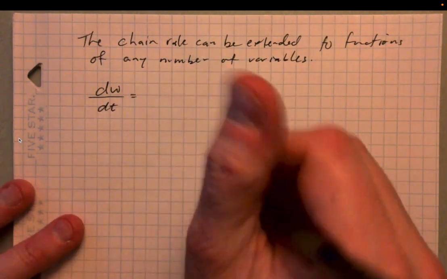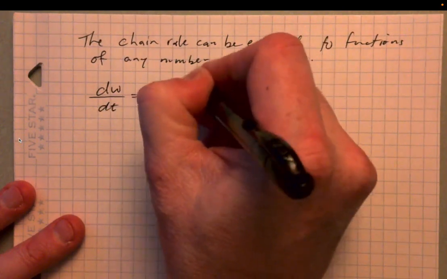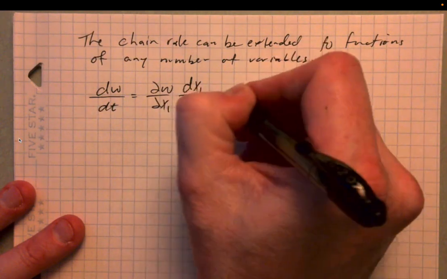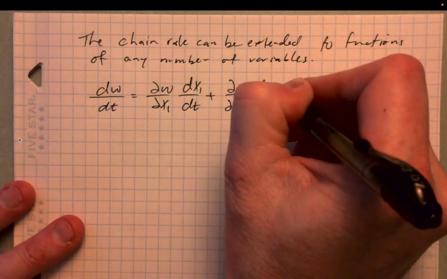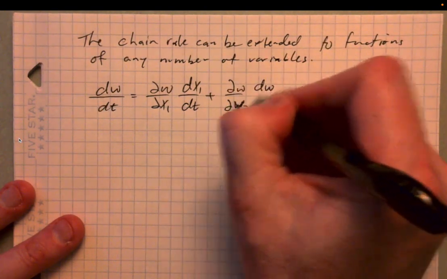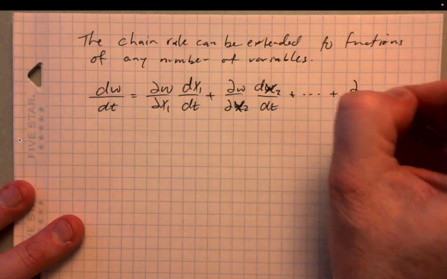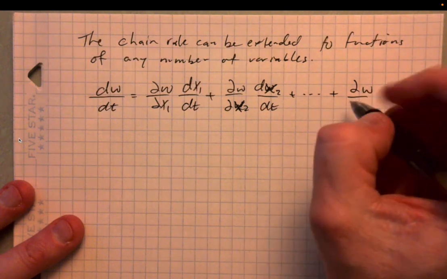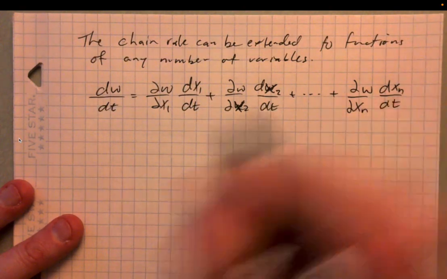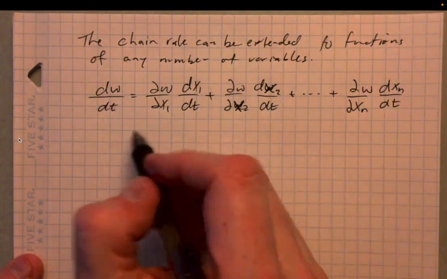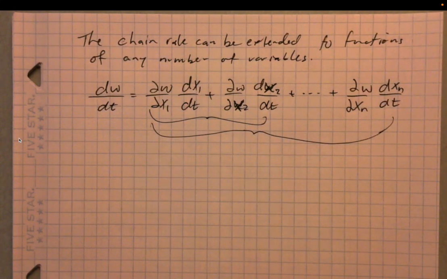Then this derivative is simply the partial of w with respect to the first variable times dx1/dt plus the partial of w with respect to the second variable times dx2/dt plus, dot dot dot, plus the partial of w with respect to the nth variable. Right. So the case we looked at just had 2, but we can easily extend that to as many as you like using this sort of formulation.